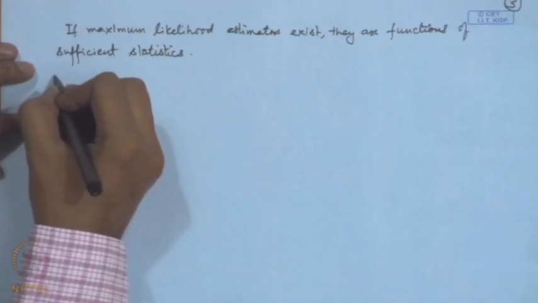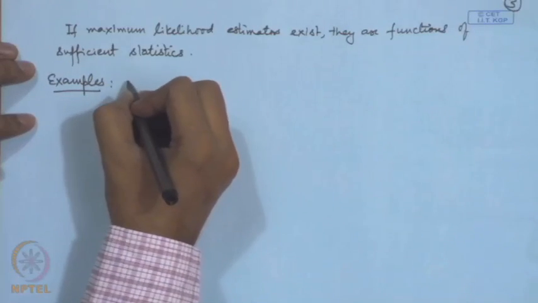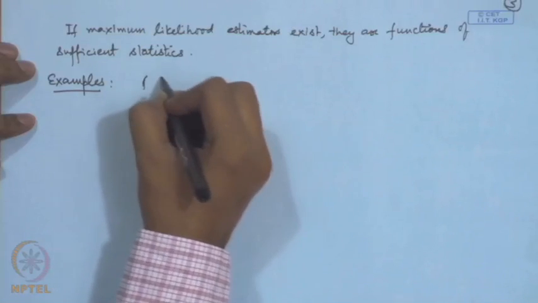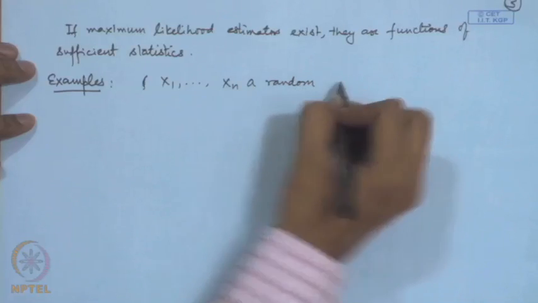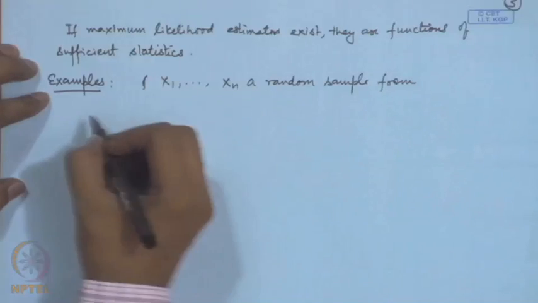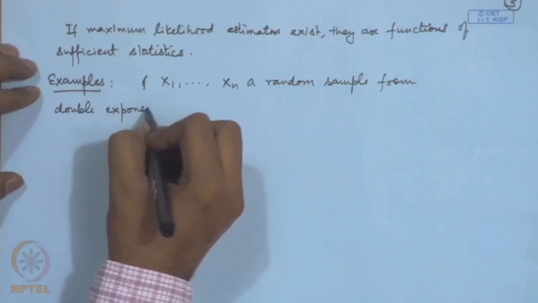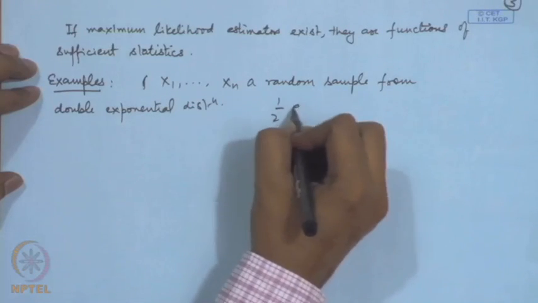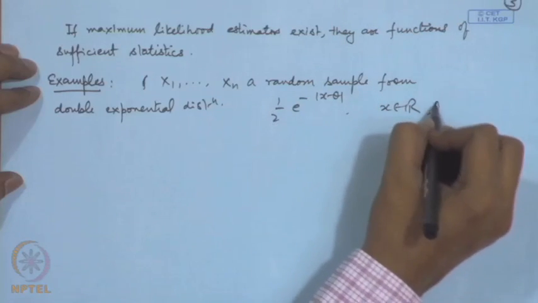Let us take some more examples here. Say for example, x 1, x 2, x n, a random sample from say double exponential distribution, half e to the power minus modulus of x minus theta, where x is any real number, theta is any real number.